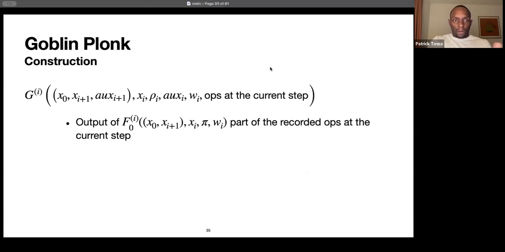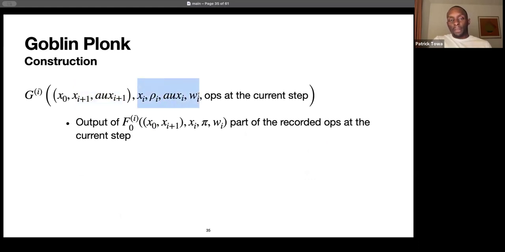So here we can start again with an idea. I'm going to define a core function, G_i, the same way that before we had F_i. What it gets as the public part is x_{i+1} and the auxiliary proof information at that point.